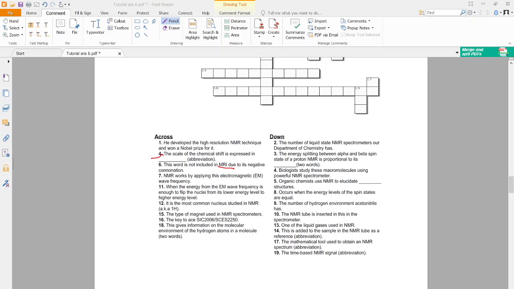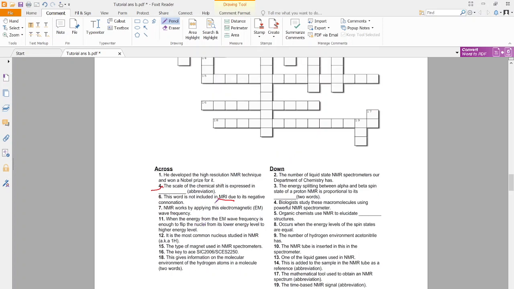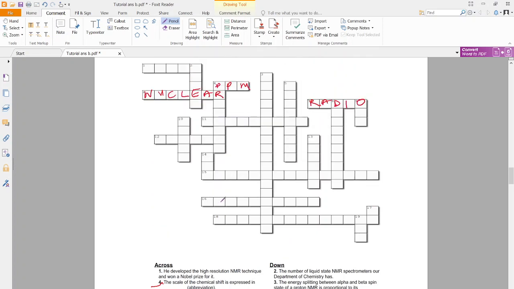The next clue is when the energy of the EM wave is enough to flip the nuclei from its lower energy level to higher energy level. So it has to be at resonance, right?